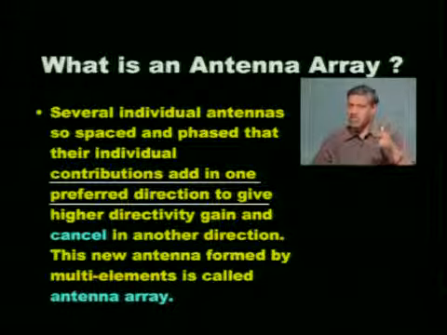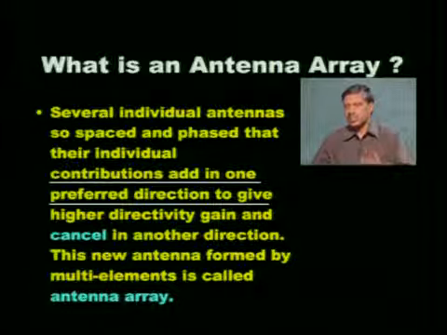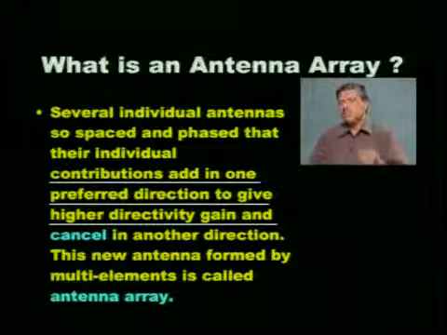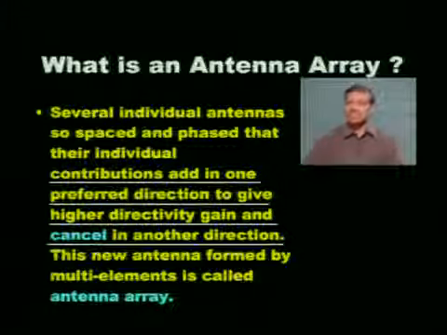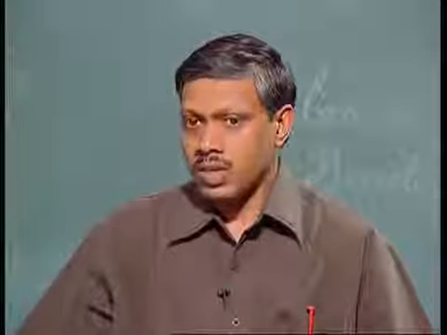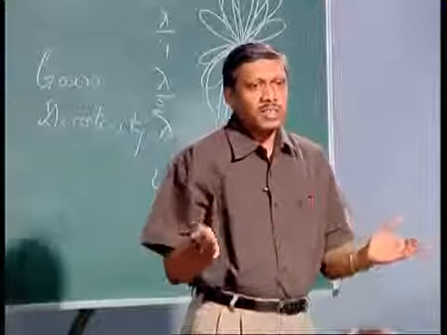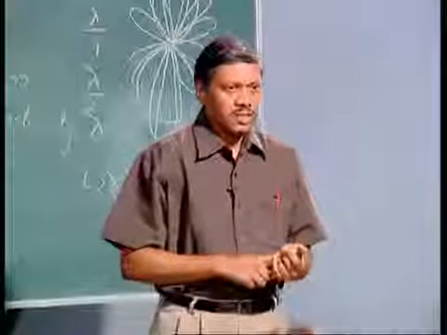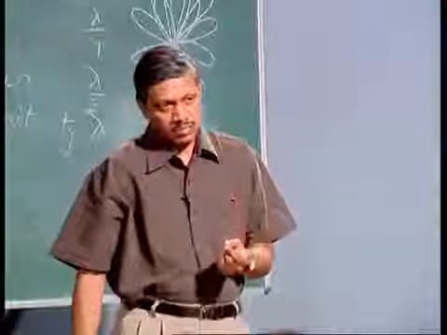So, the net field will be the addition of all these individual contributions, and you will get a very strong field at the point of observation. At the same time, in the unwanted directions the fields will try to cancel, so you will not get other patterns in other directions. When you form a new antenna with many such antennas together with proper electrical spacing and phasing, you make a new antenna which is called an antenna array.